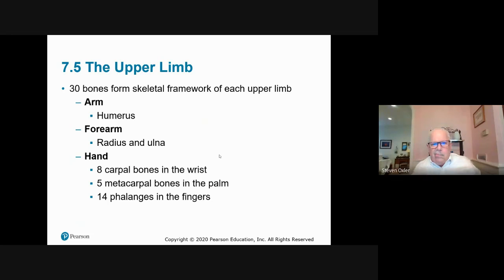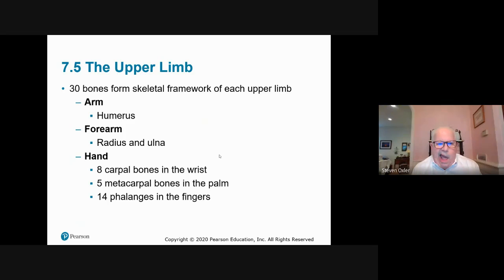Okay, so now let's talk about the upper limb. The arm is known as the humerus. The forearm has two bones, the radius, which is the lateral bone, and the ulna, which is the medial bone.